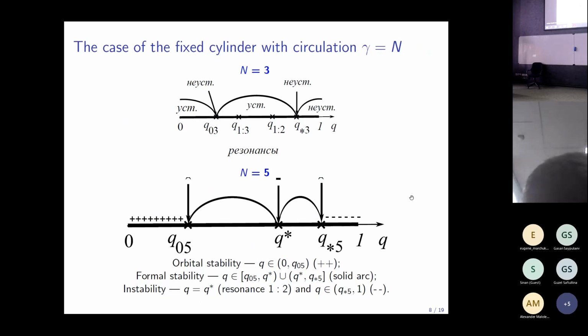There are 2 resonances that lead to instability in the nonlinear setting. It is the resonance of the double zero at n equal to 3 at point q03, and resonance 1 to 2 at n equal to 5 at point q star.